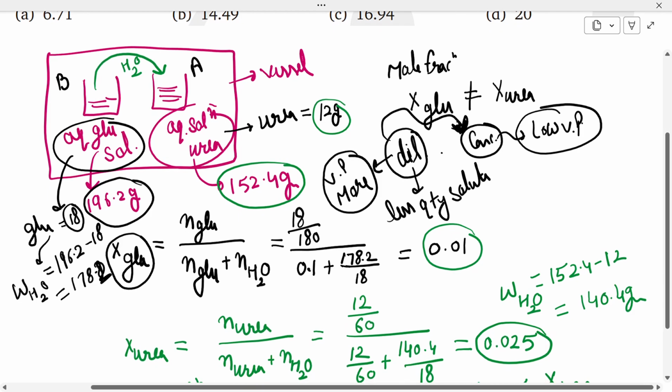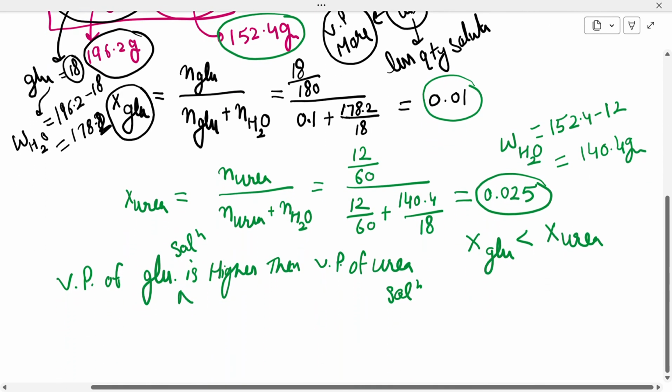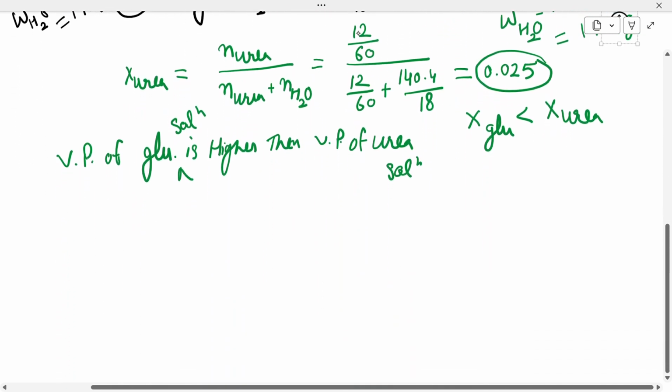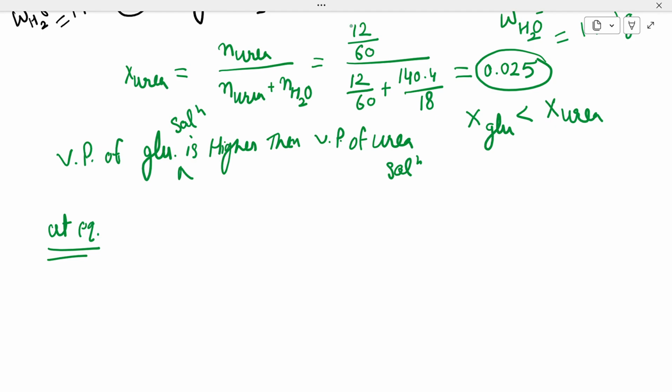That's why some water molecules will transfer from glucose solution to urea solution till the mole fraction of both solutions will be equal. Then equilibrium will come.